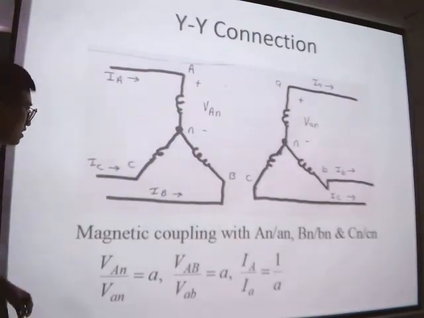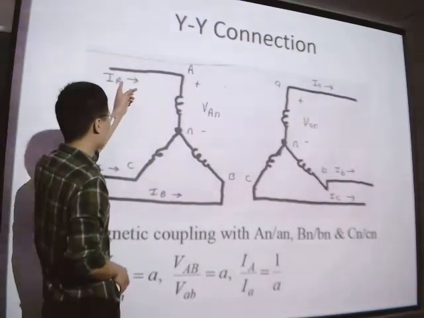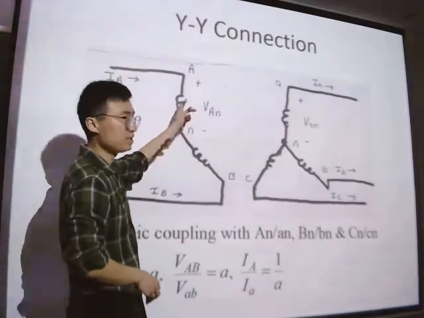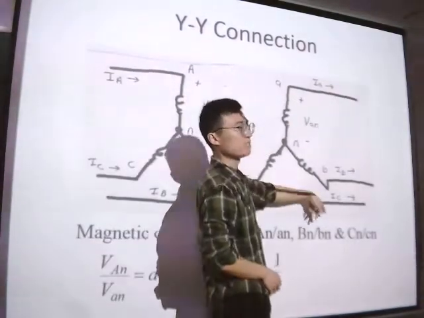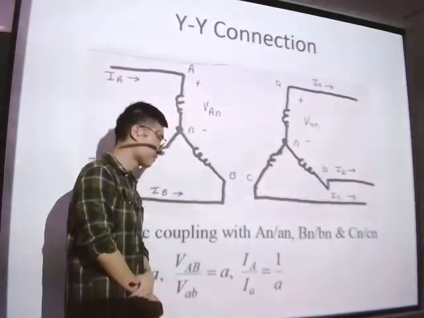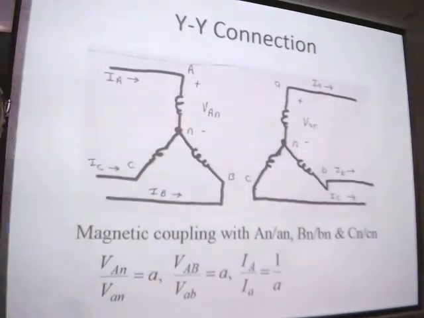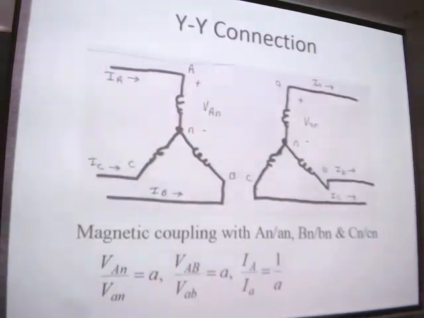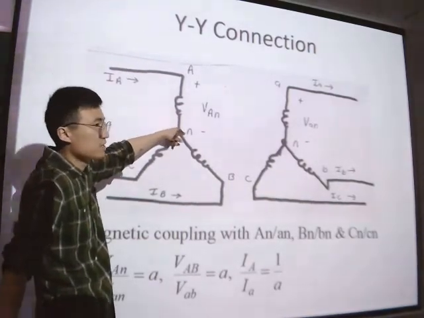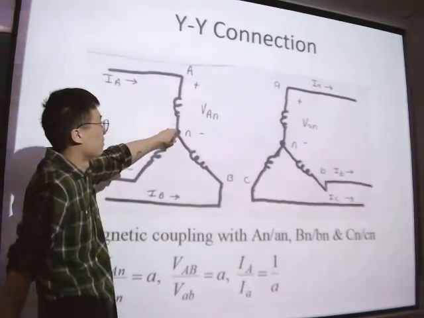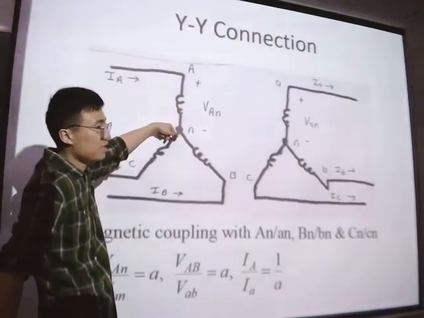Ratio of turns. And VAB is the line voltage, right? It's here the a. And the current: in the Y connection, the phase current and the line current are the same thing.